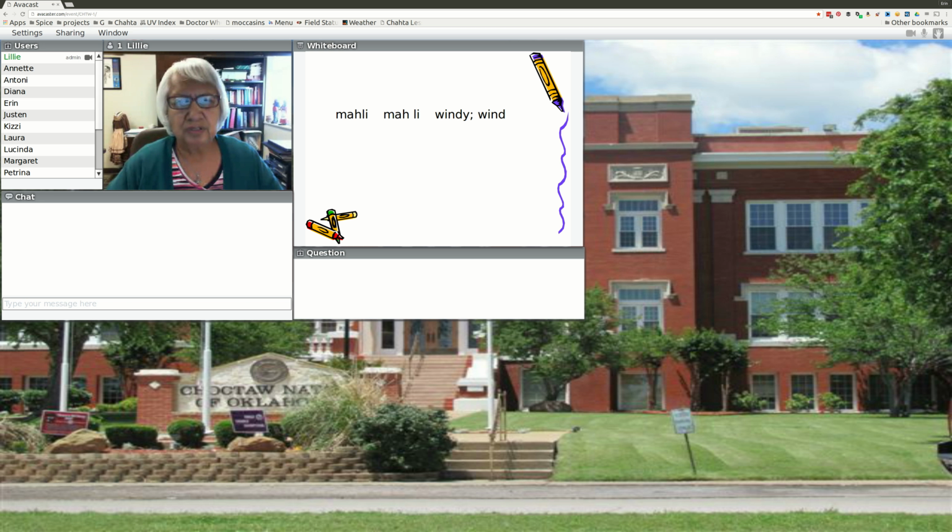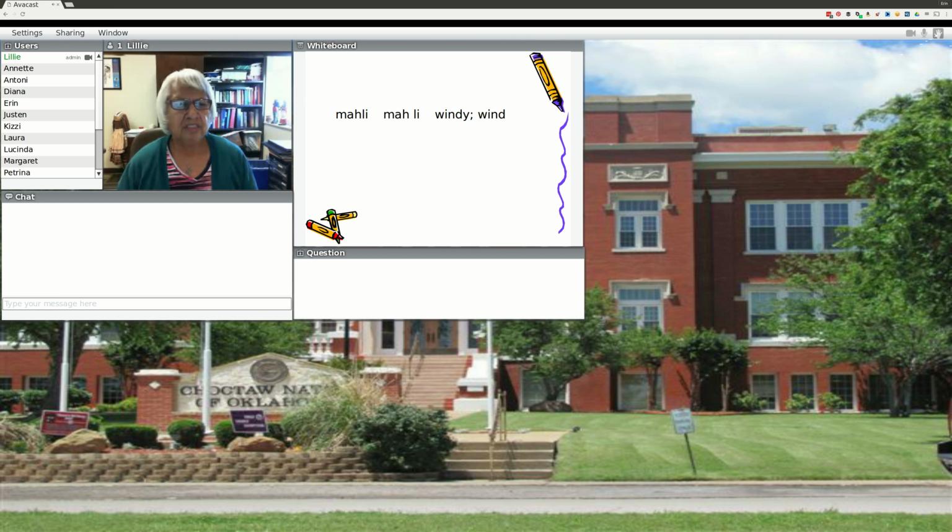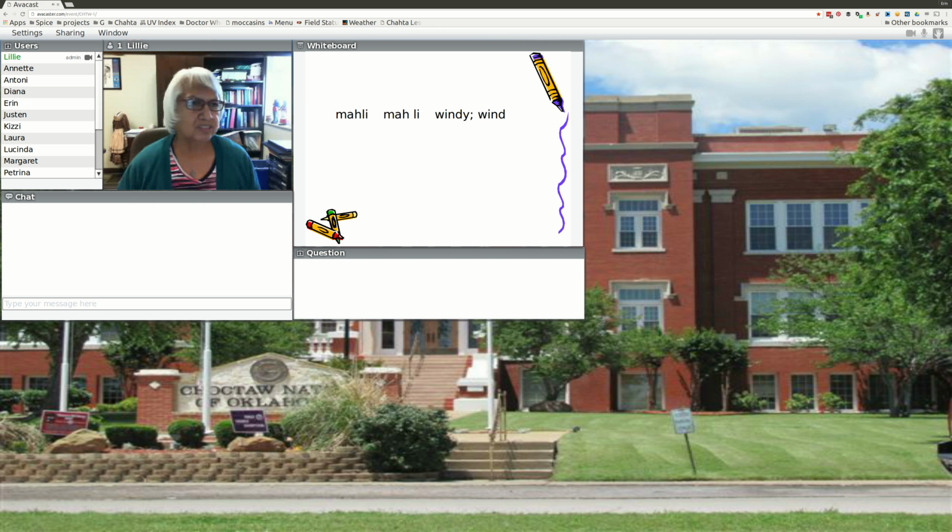This is important to know because many people know the words, but when they put it together, it should take on a melody, just as English does, just as any other language does. But if you don't have your highs and lows in the right places, it's not going to sound Choctaw, in the sense that it will sound like you're just saying a list of words and not getting the melody. This is why it's important to develop those listening skills.